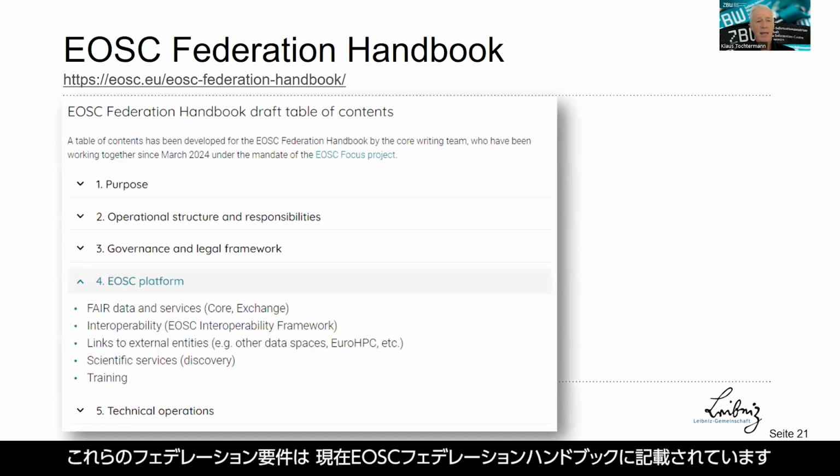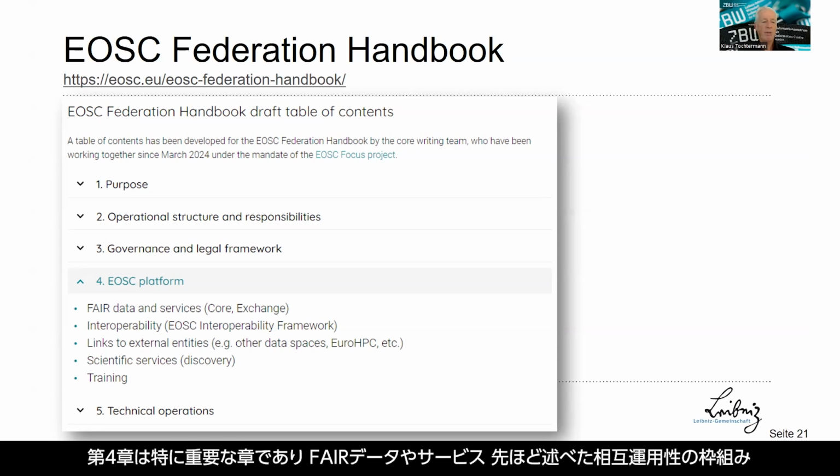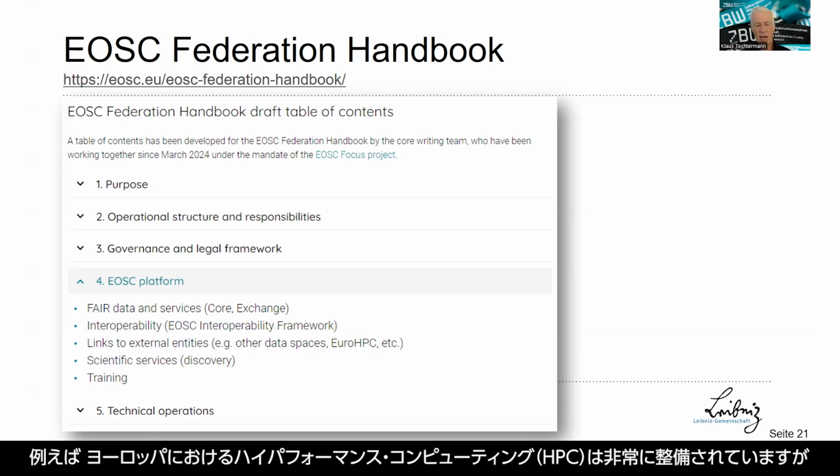And these federation requirements are currently being written down in an EOSC Federation Handbook. That is work in progress. We have currently finalized the first 3 chapters and are working on chapters 4 and 5 at the moment. And chapter 4 is an important chapter because it relates to FAIR data and services. It relates to the interoperability framework, which I just mentioned. Links to external entities, for example, high-performance computing in Europe is very well organized.